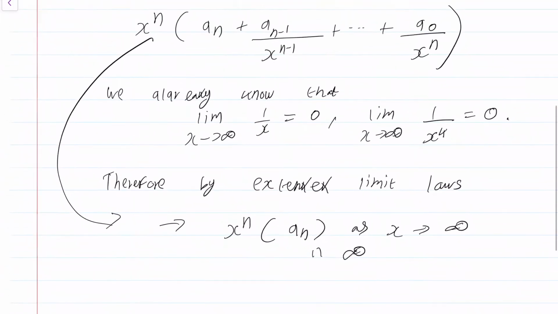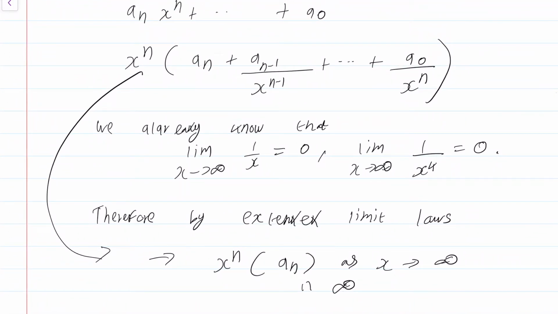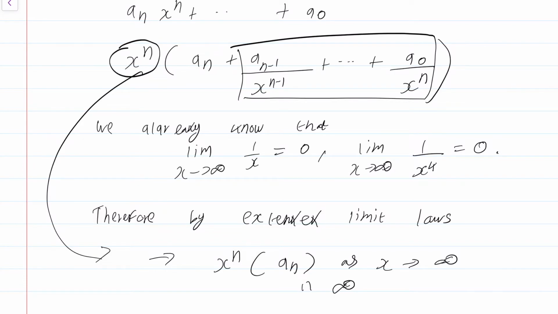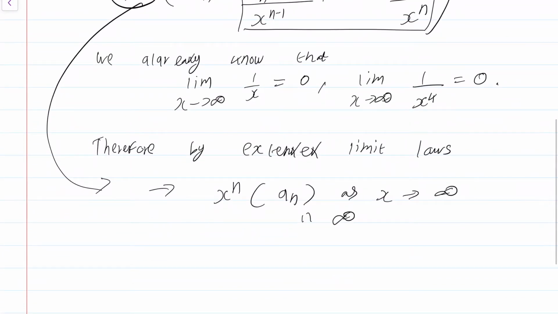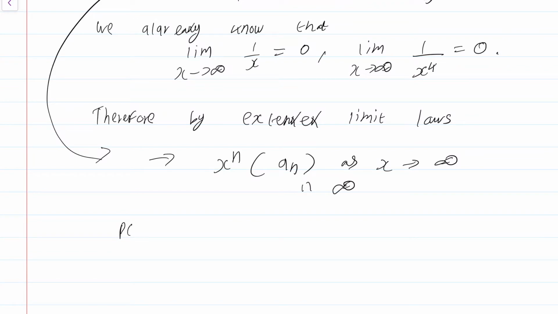Essentially, all these terms become really small, and the leading term x^n dominates the entire polynomial, and as x goes to infinity, this goes to infinity. So once you solve the exercises, this proof will become rather trivial. The upshot of all this is p(x) goes to infinity as x goes to infinity.